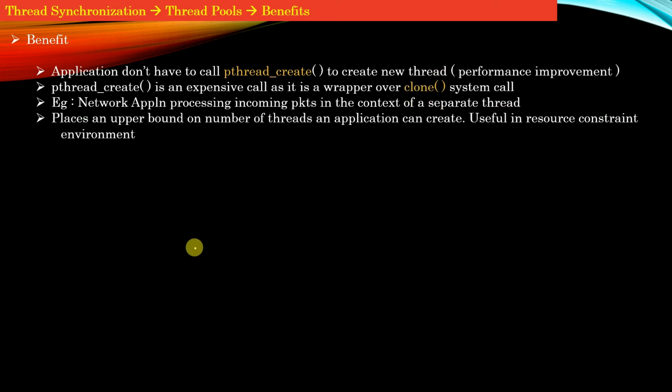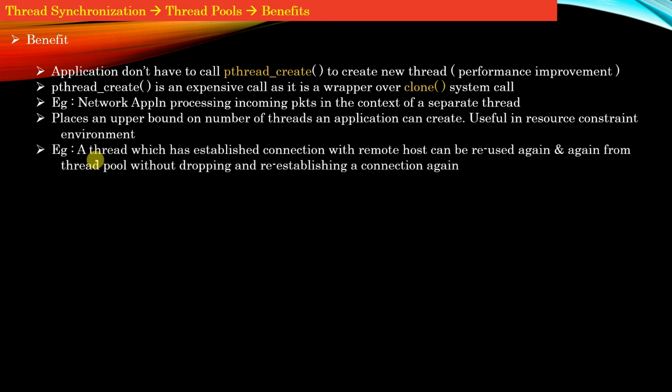Let us see another real-world example where a thread pool helps to solve the problem better. Suppose you have a thread which has established a connection with a remote host; it can be reused again and again from the thread pool without dropping and re-establishing the connection.